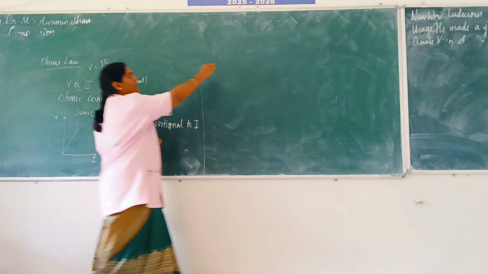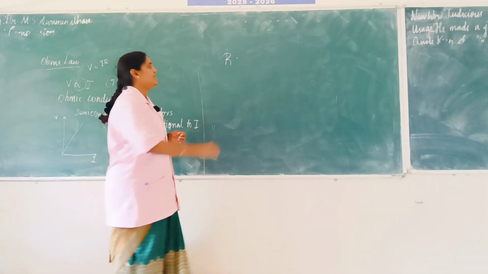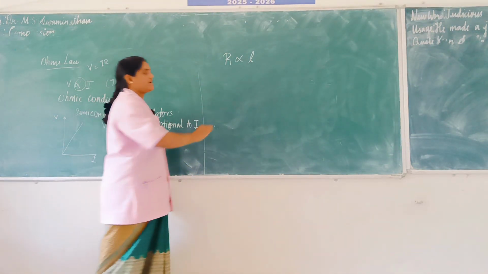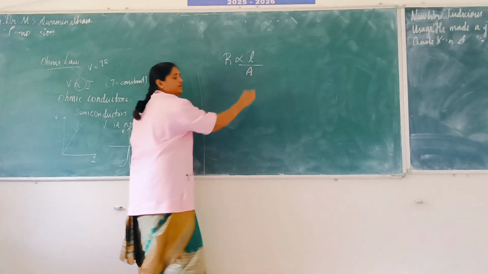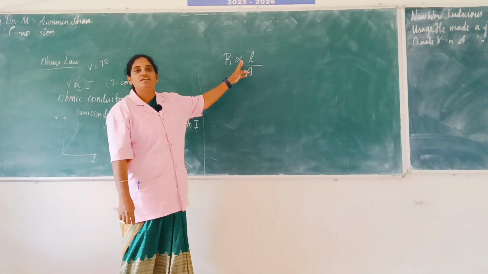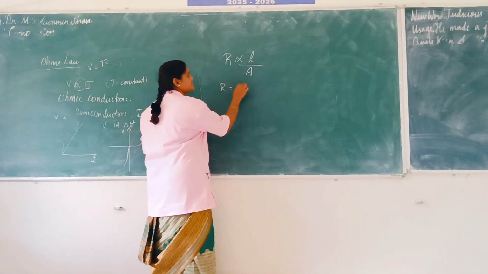This R is material specific and temperature specific, directly proportional to the length of the conductor and inversely proportional to the cross-sectional area. To remove this proportionality, we add a constant called rho, which is nothing but resistivity.